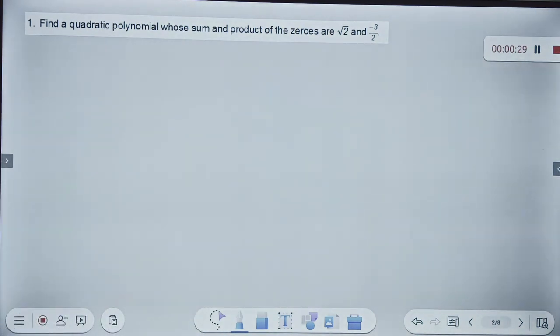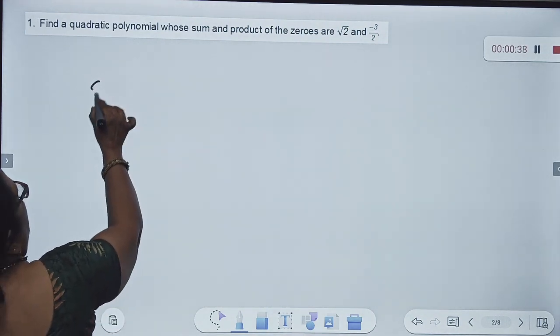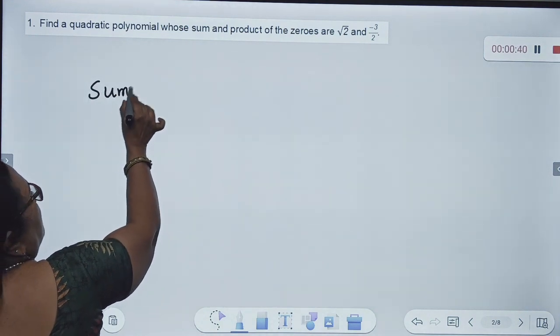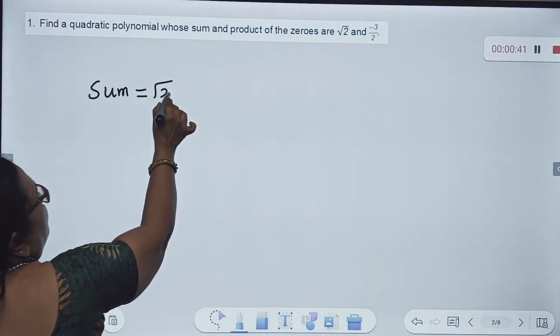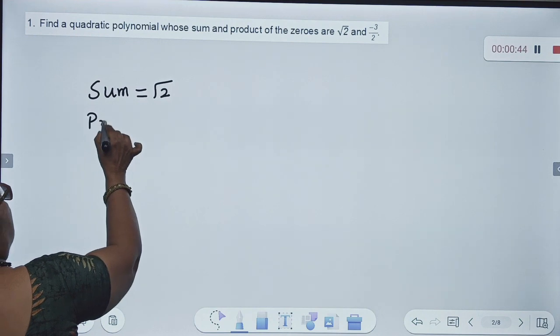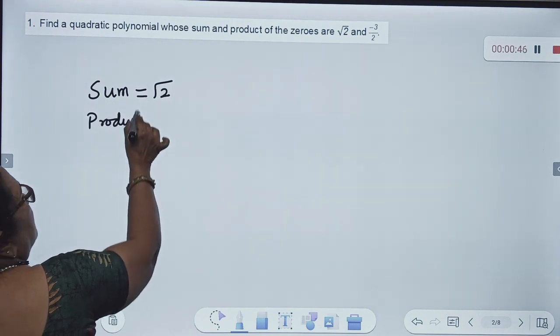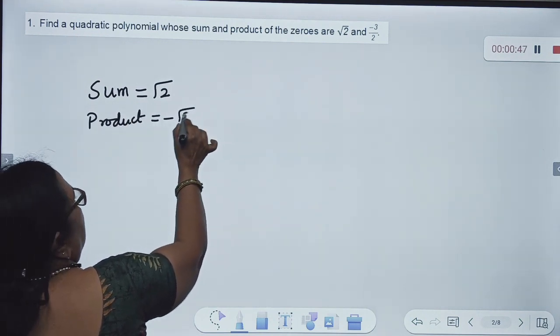Find a quadratic polynomial whose sum and product of the roots are root 2 and minus root 3 by 2. So sum is equal to root 2, product equal to minus root 3 by 2.